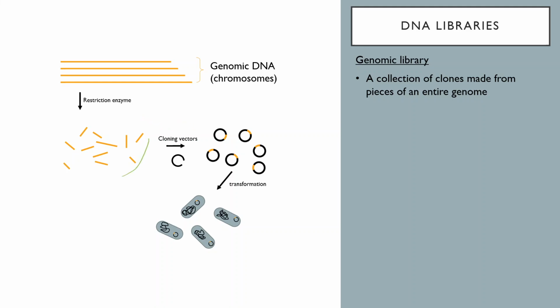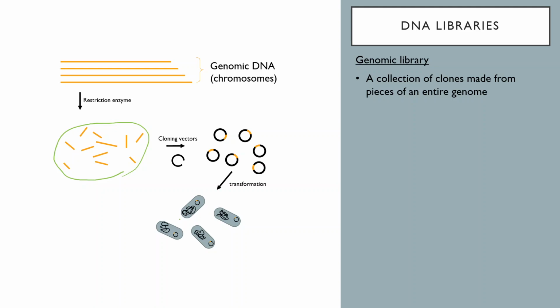and they're all mixed together, and then you clone the pieces into separate vectors. So you use vectors that are compatible with your restriction enzyme, and you clone those into recombinant plasmids, transform those into bacteria, and then each bacterial cell that picks up one of your recombinant plasmids will be carrying a piece of your genomic DNA.